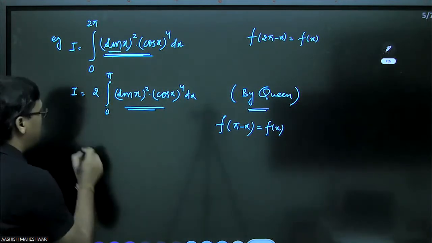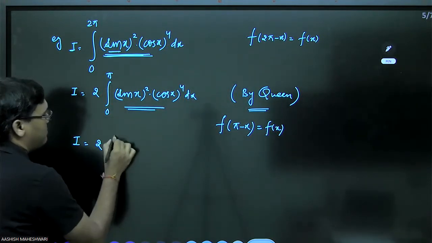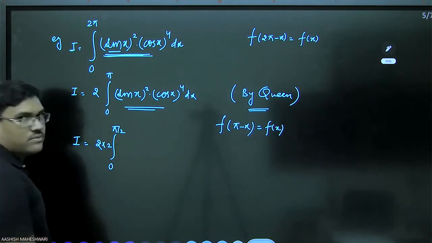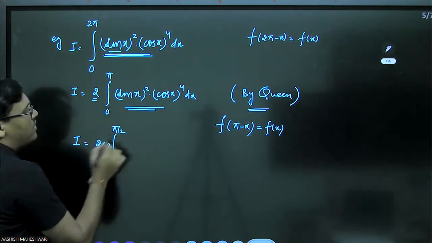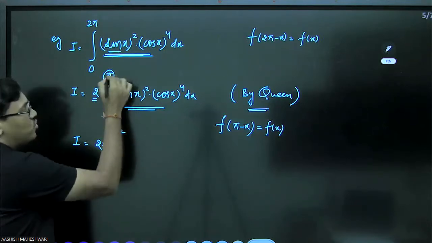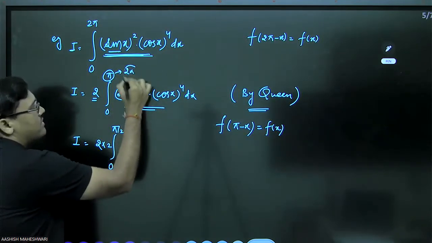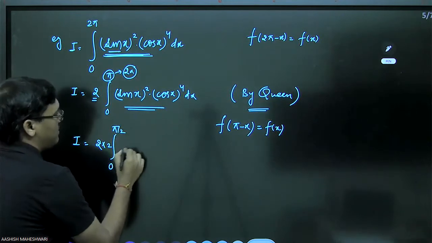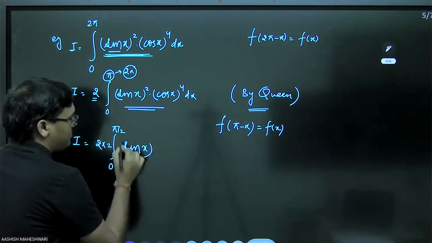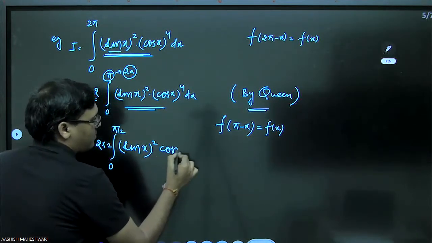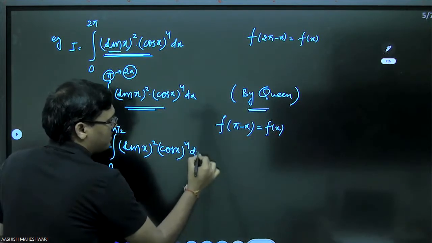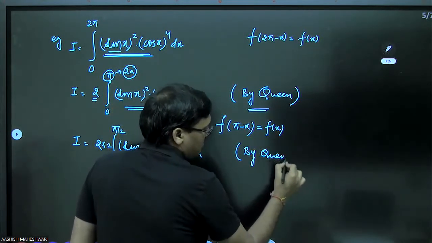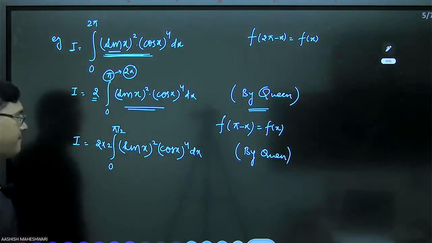So can I say I is equal to 2 times, and this is 2 times integral 0 to pi by 2, since we already have one 2 and I have taken half of this. This is 2a. So this is 2 times integral 0 to pi by 2 sine square x cos x raised to 4 dx. So this is again by Queen property. I hope this is clear, right?